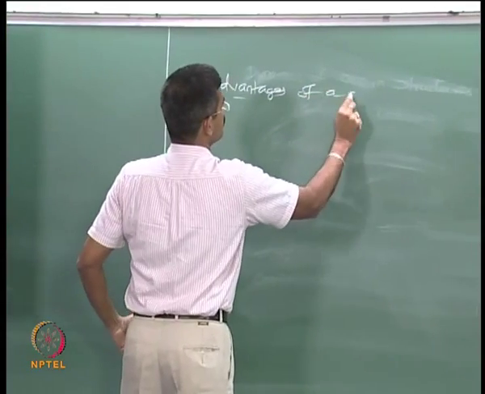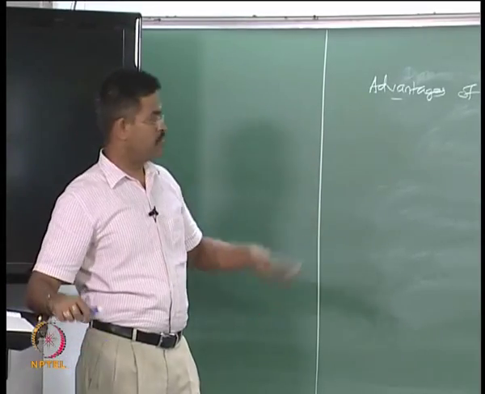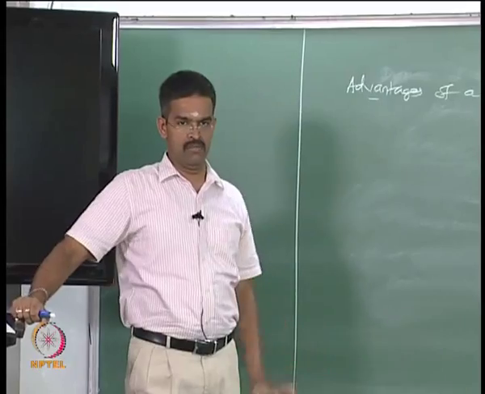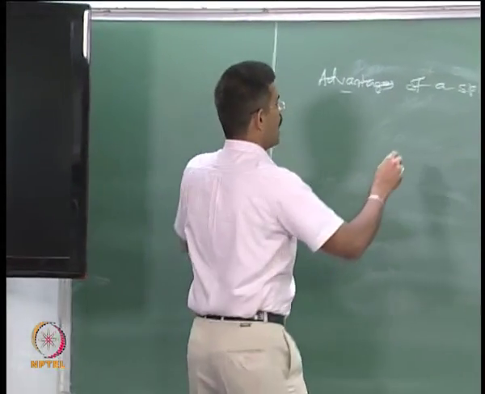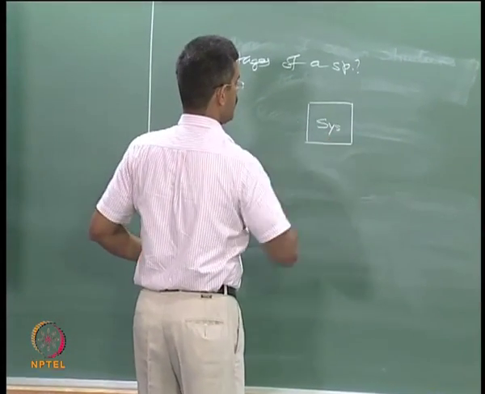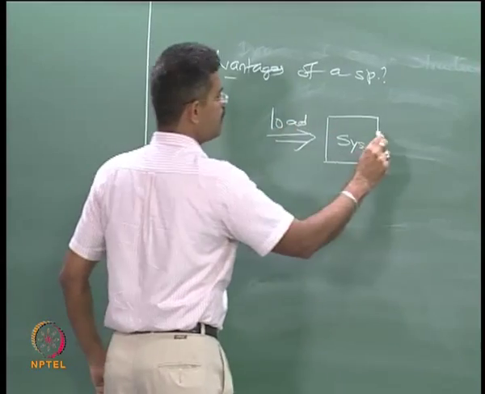Then, what are the advantages of a stationary process? If you know the advantages, then from them we will try to derive the transfer function between the response and the load. Now let us see what our objective is. I have a system, a structure. The system is subjected to some load and the system responds.